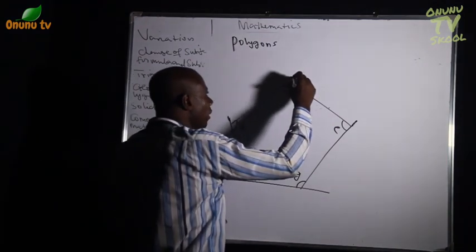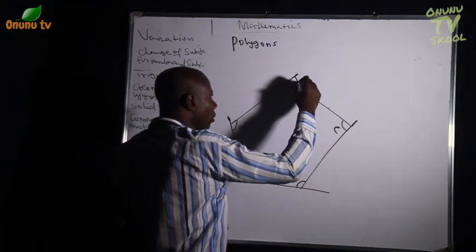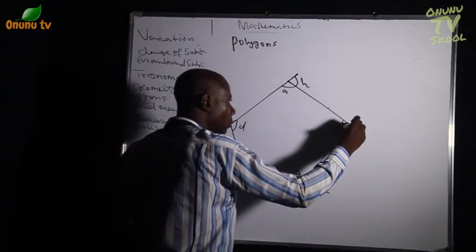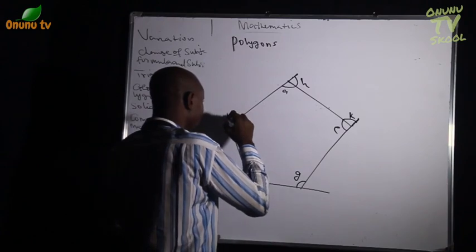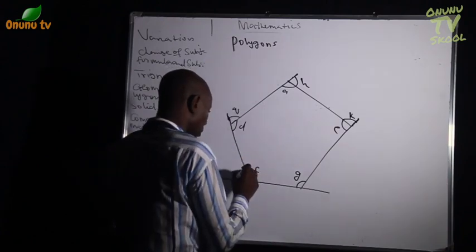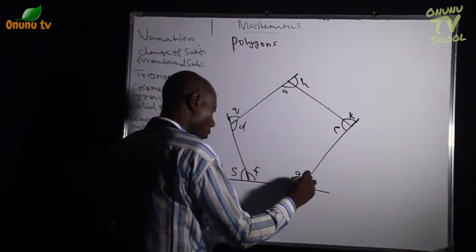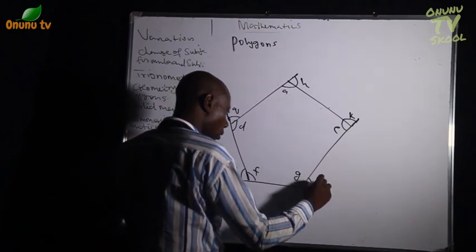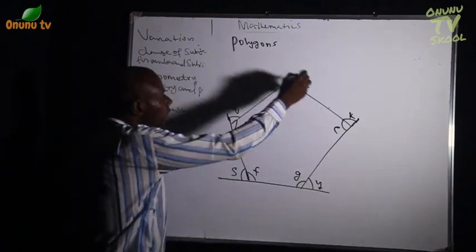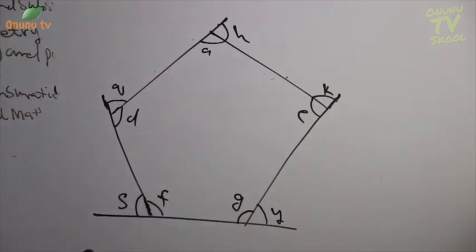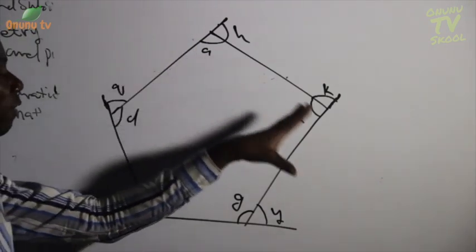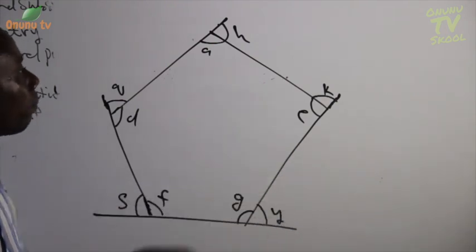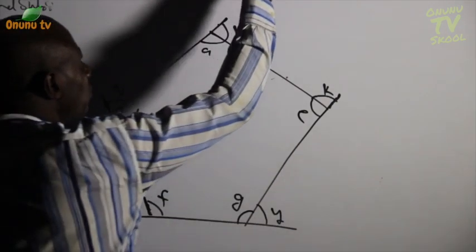Now this angle here, let's call it H, and here K, here Q, here S, and here Y. The angles Q, H, K, Y, S are exterior angles of the polygon. Why? Because they are found outside the polygon.